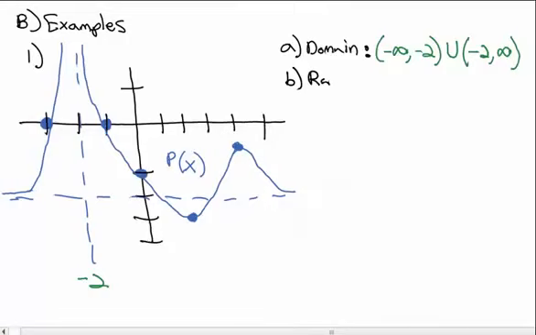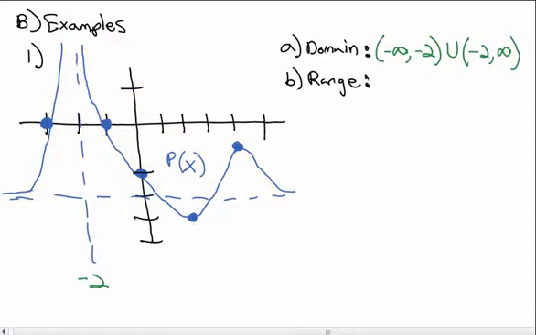The range. Range is the y value. If we were to squeeze this graph onto the y-axis, what we see is the y-axis is covered even down here. What y values are covered in there? Well, what I see is it's going down to a lower point.